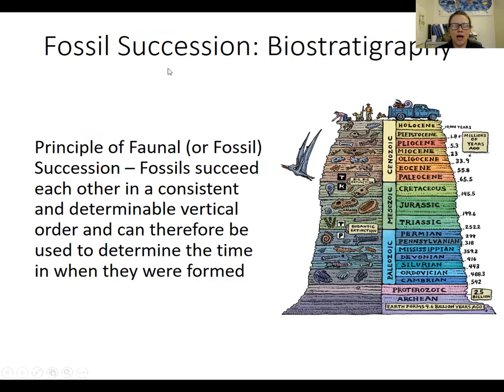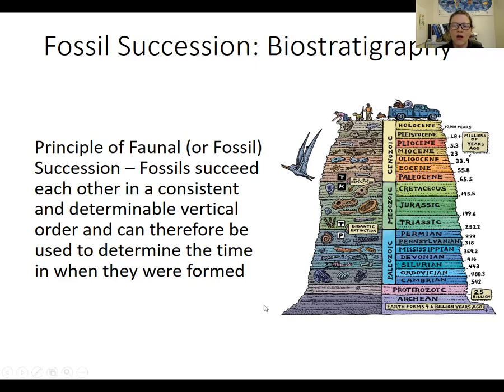Okay, so when we're matching fossils, basically we're using this principle that's sometimes called the law or principle of faunal or fossil succession. And succession, right, is the idea of what comes after something before it. Like in the monarchy, there's the succession of the crown.